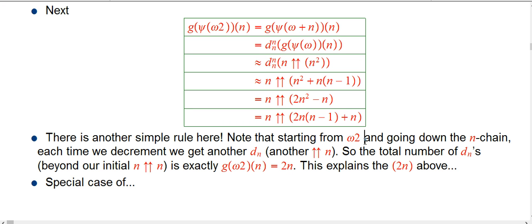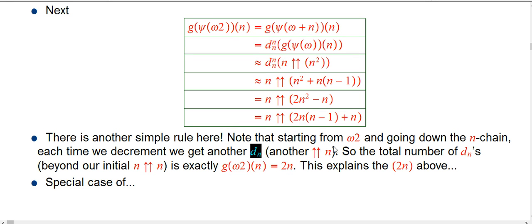But now the first one we really get as a decrement is omega plus 2, then omega plus 1, then omega, and then we go down again. 3, well, that's really just a limit, then 2, 1, 0. That should sound familiar. Every time we actually do a minus 1 and go from a successor ordinal to its previous one, we get another d sub n.